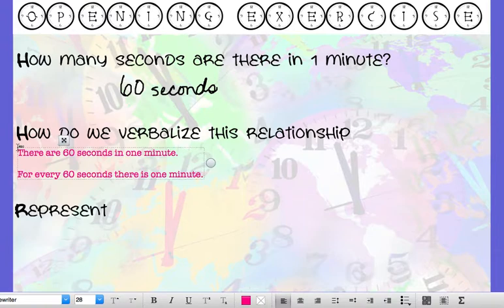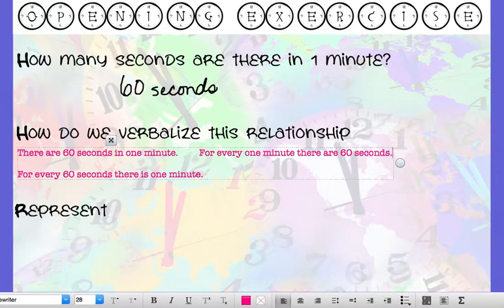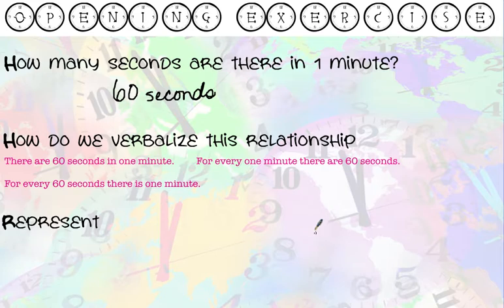Okay, so going back to ratios and how we talked about representing and saying different ratios, we can say for every 1 minute there are 60 seconds. Right, so if I represent it using a rate, I could put it this way.